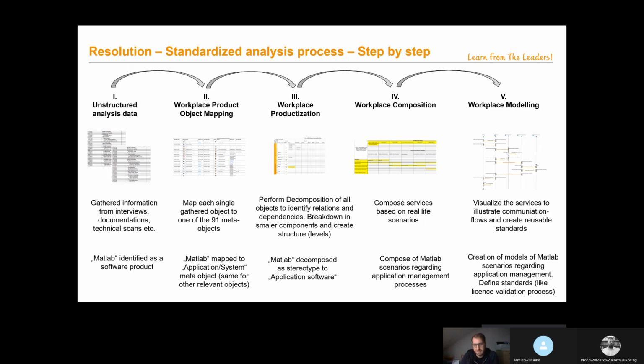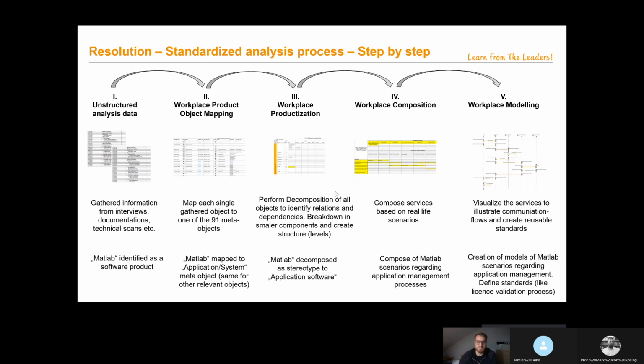In the decomposition, you decompose MATLAB as a stereotype to application software, so you build up a structure in this step. Then you compose the MATLAB scenarios regarding application management processes, here request management, and afterwards you create a model of MATLAB and define standards, like for example the license validation process. But I will describe this later.